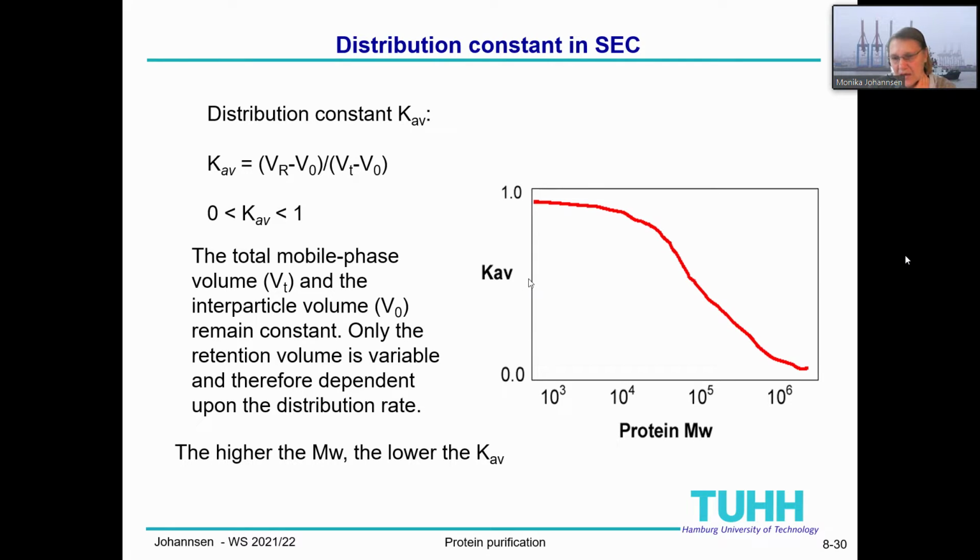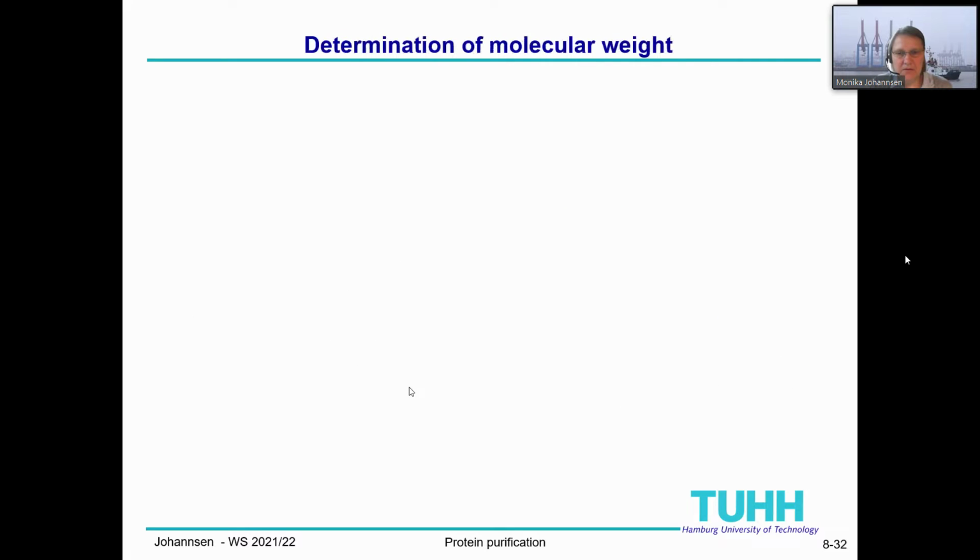You can see here that with increasing molecular weight, the distribution constant becomes smaller. So this can be used for the determination of molecular weight.